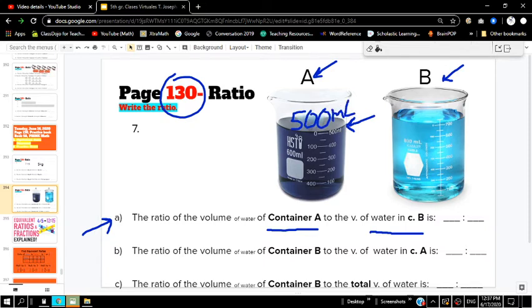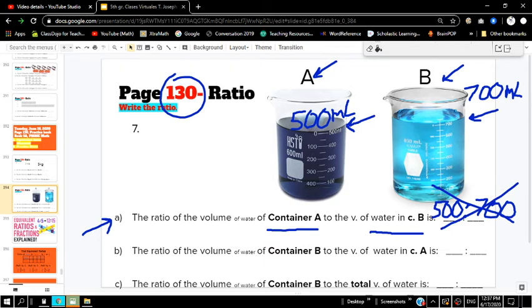Okay, the water level, it looks like it's above 500, but that's actually, because of surface area, it actually shows us exactly 500 milliliters. And for letter B, we look at this number, and it shows that there are 700 milliliters inside of the beaker. Now, if we put, for example, 500 to 700 inside of our answer blank, that's not correct.